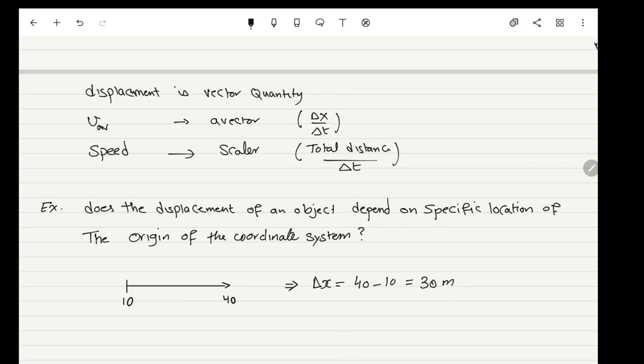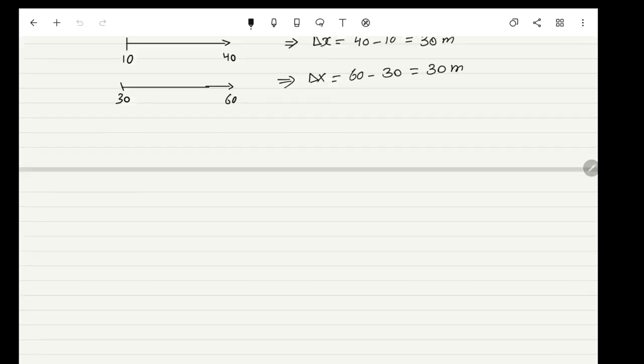Another case, if an object is moving from 30 to 60, in this case delta x equals 60 minus 30, which again equals 30 meters as well. As you can see here, the origin doesn't matter.